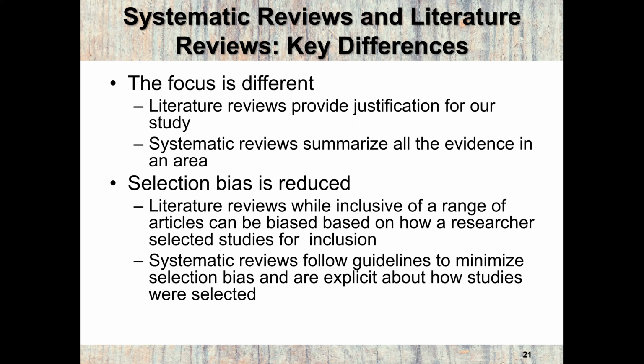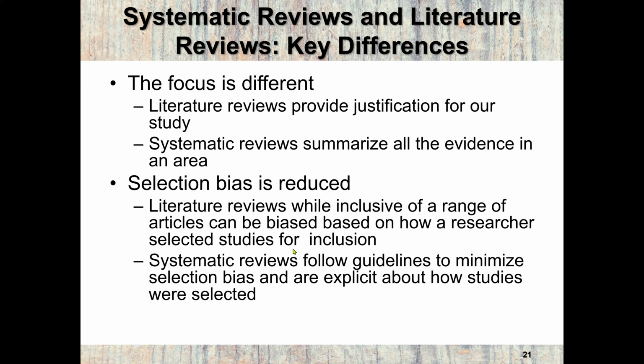A literature review will provide justification for our studies. And that's why most papers always have a literature review, especially if you are doing a thesis or dissertation, where a literature review should be a chapter by itself, because this is the chapter that will justify your studies. But a systematic review will normally summarize all the evidence in an area.